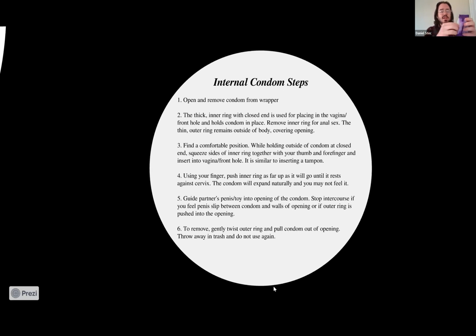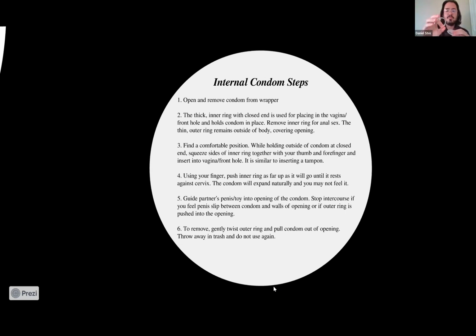With this same opening from the side, it has a little tear mark on there, so you know exactly where to go. Taking the internal condom out, I'm going to open it up so you can see the insides. There is an internal ring, and this thick internal ring is removable.